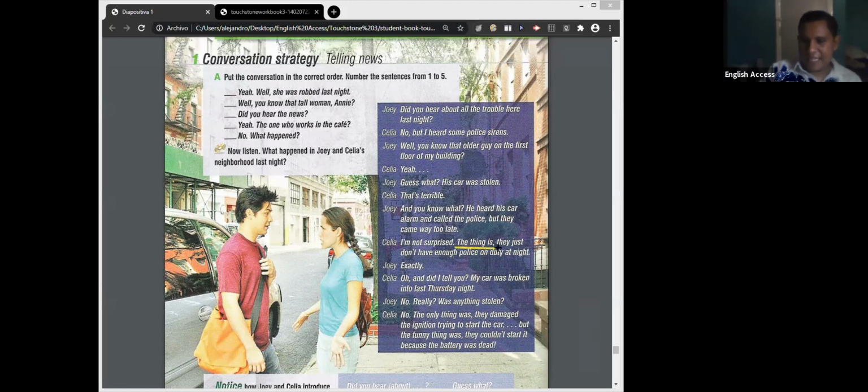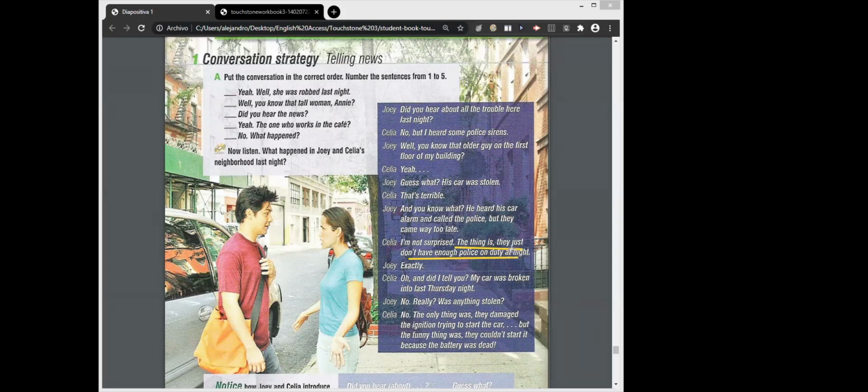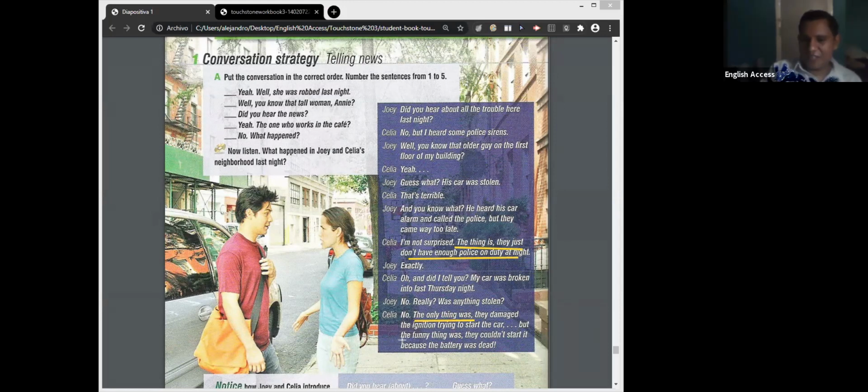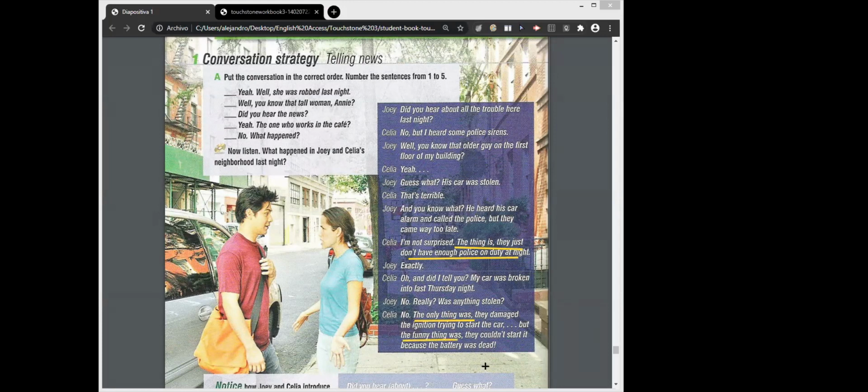Excellent. What else? The only thing was they damaged the engine trying to start the car. But the funny thing was they couldn't start it because the battery was dead.